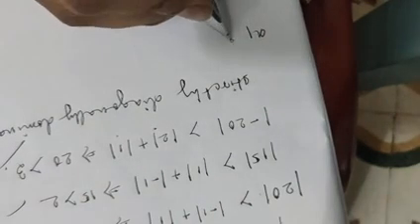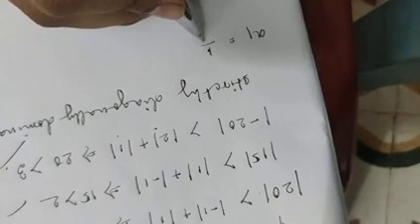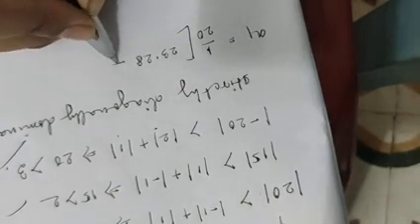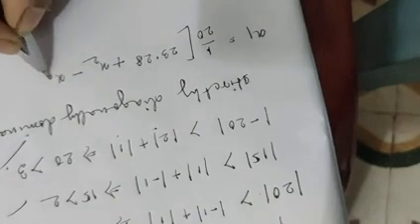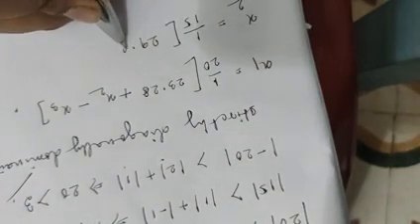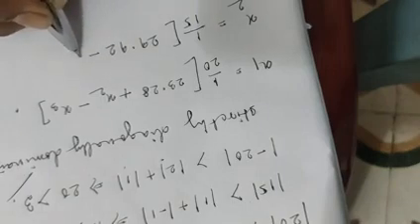Now we need to apply the formula. From the first equation, if we try to get the value of x1, it will be 1 by 20 into 23.28 plus x2 minus x3. Next, from the second equation, x2 will be 1 by 15 into 29.92 minus x1 plus x3.